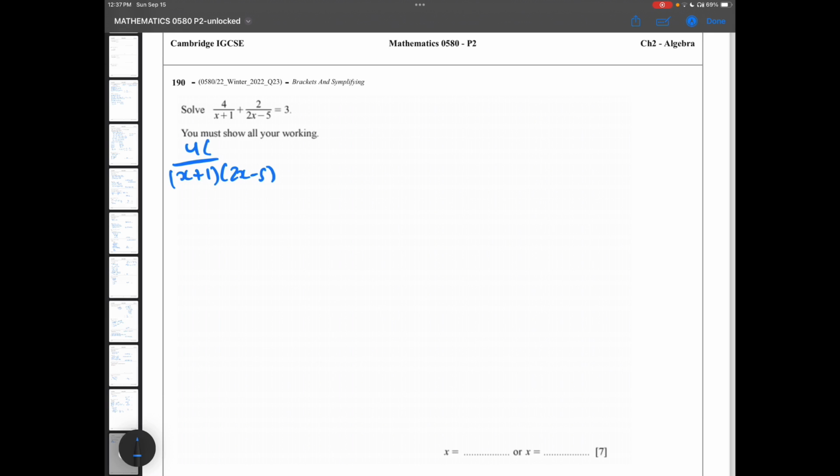So I will multiply the numerator with 2x minus 5 as well. Plus 2 upon 2x minus 5. This denominator gets multiplied with x plus 1, so the numerator will also get multiplied with x plus 1.